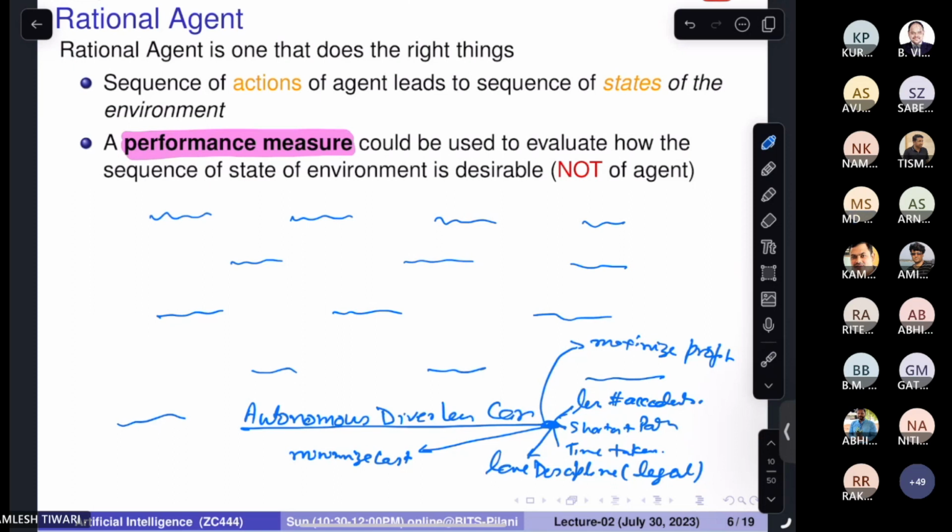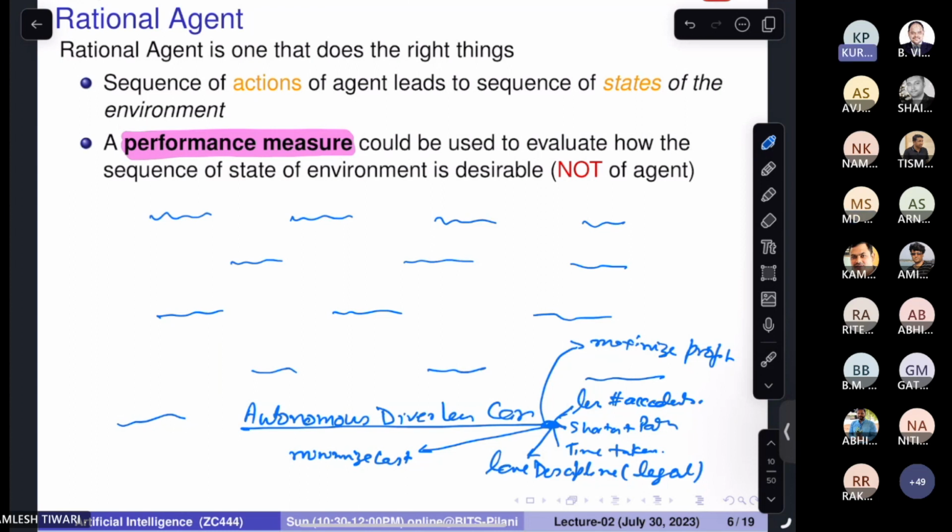Okay, so is it a performance measure? I'm developing a car. I want to develop a car such that it should behave well. So what should be the goodness? A good car maintains safety.